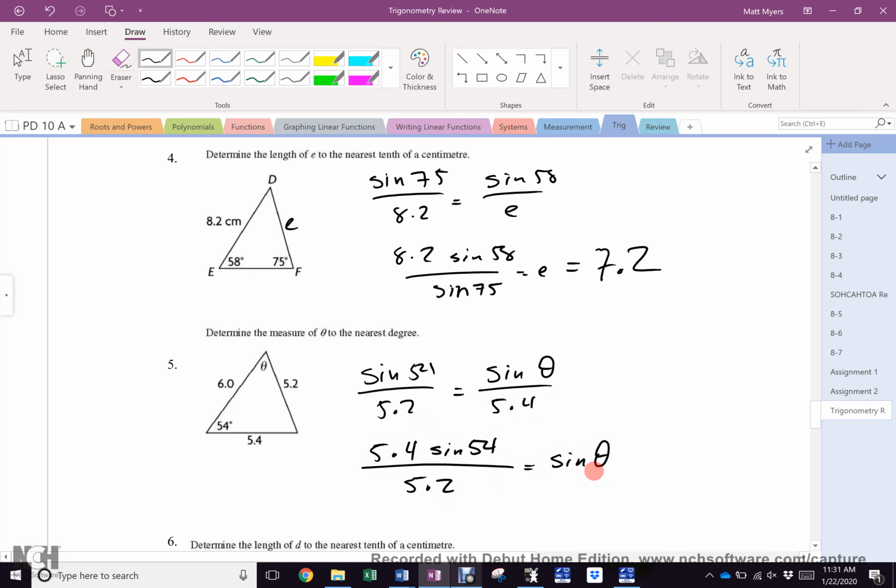Then I will shift sine, inverse sine, to get theta, which is 57 degrees.